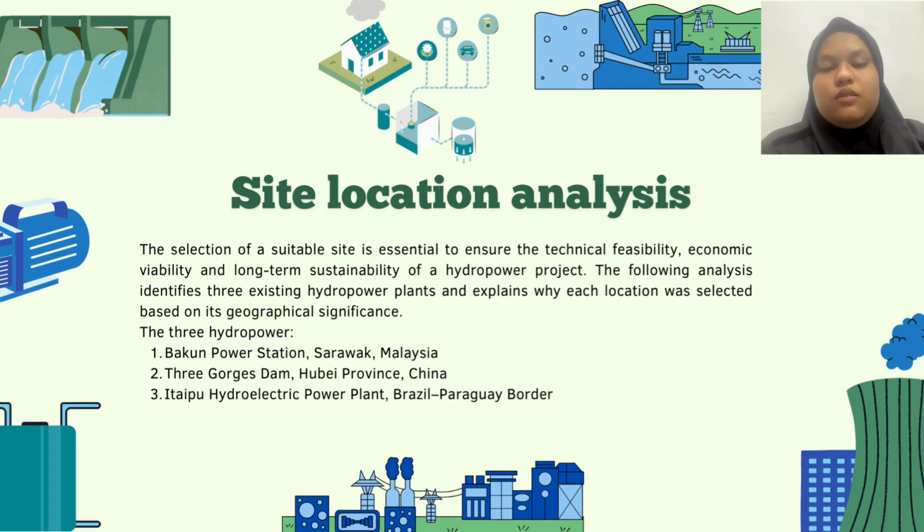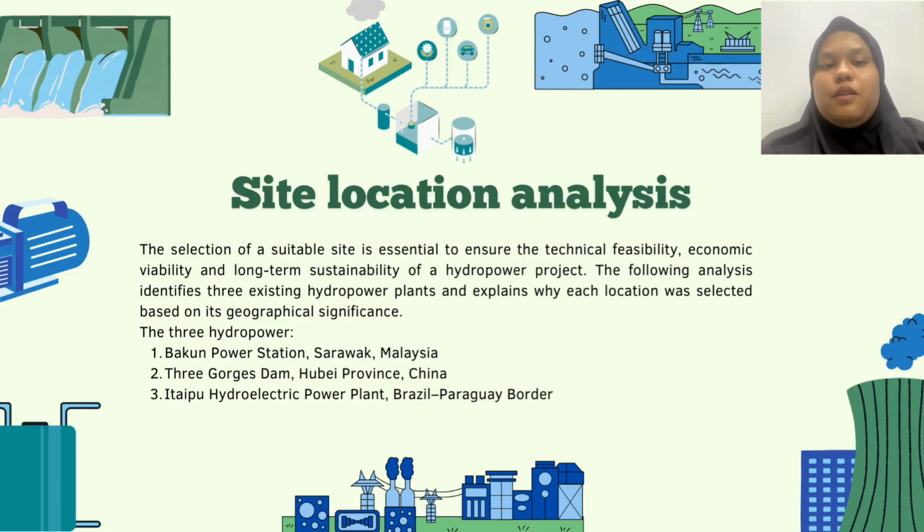Today I want to talk about site location analysis. The selection of a suitable site is the initial step to ensure the technical feasibility, economic viability and the long-term sustainability of the hydropower project. The following analysis identifies three existing hydropower plants and explains why each location was selected based on the geography.